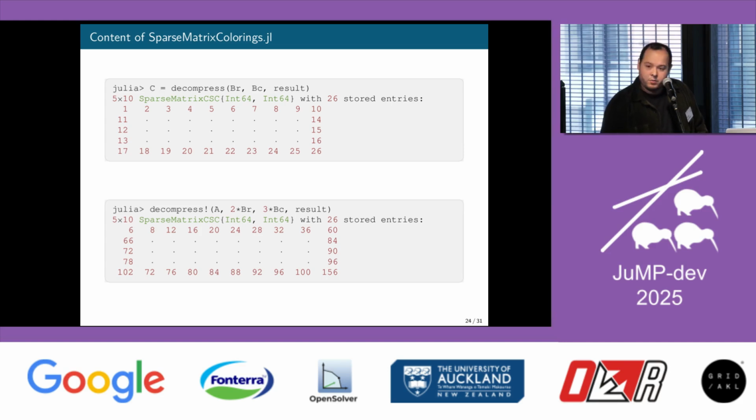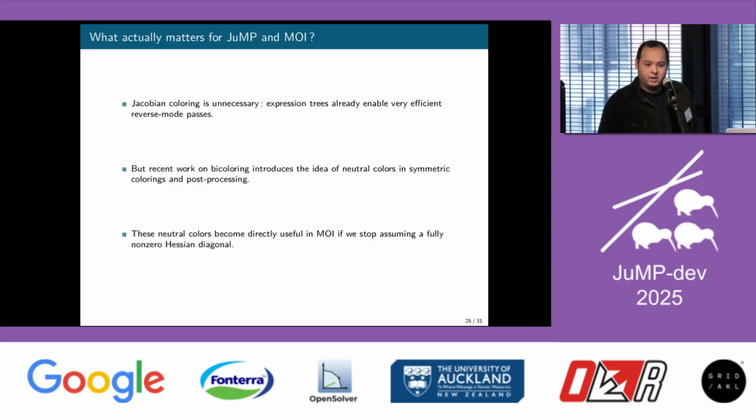But now the main question for you here is, how can we use all these things in JuMP? First of all, we don't need any coloring for the Jacobian in JuMP, because we rely on something based on the expression tree, and because we have the expression tree, it will be very fast to compute the Jacobian this way.